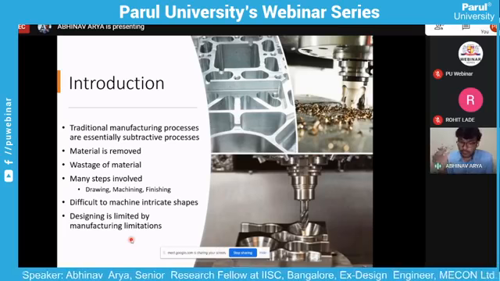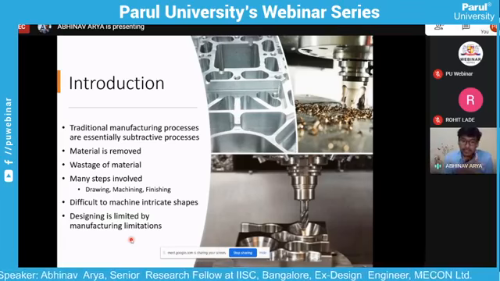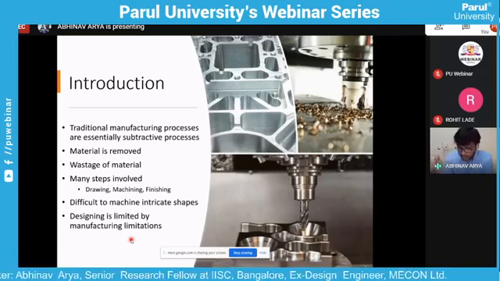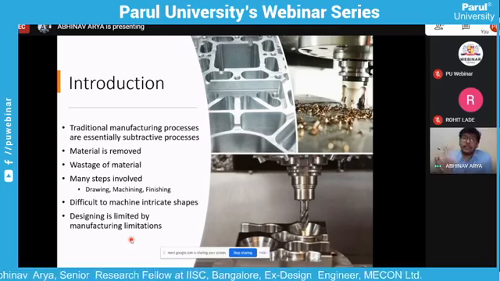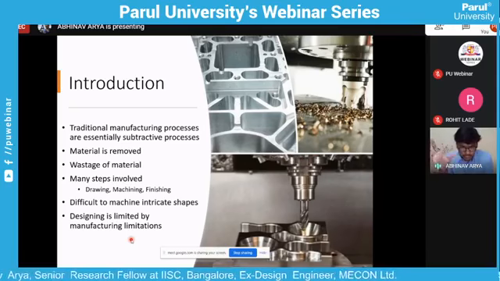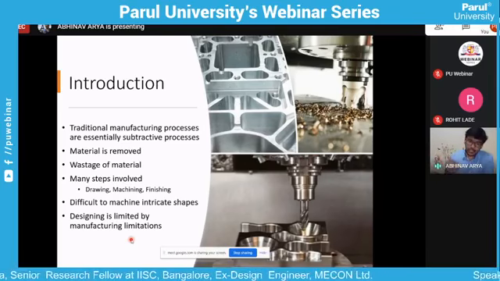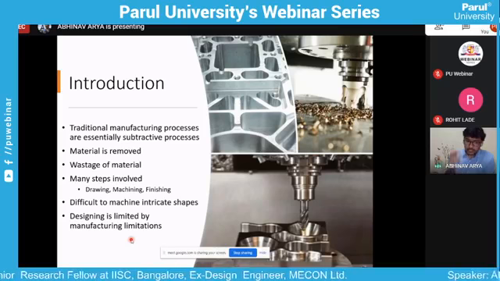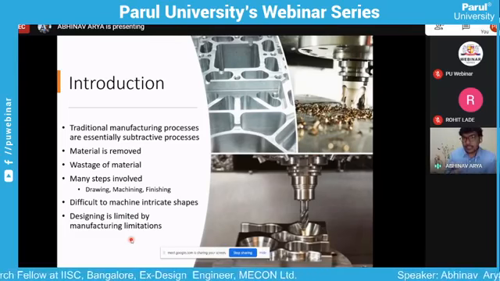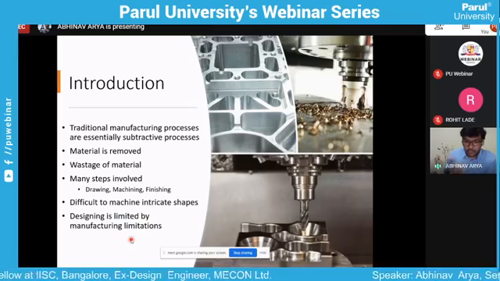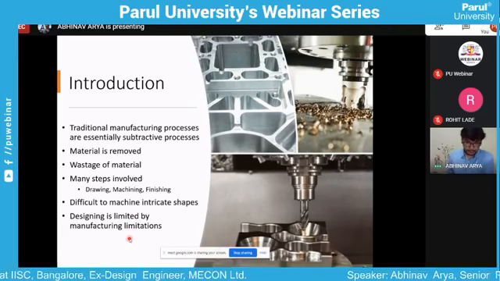Whatever we can manufacture, that only we can design. Maybe in designing we can think of so many components which are much more efficient in so many ways, but unless we are able to manufacture those, that design is useless, because we cannot use it in the real world.